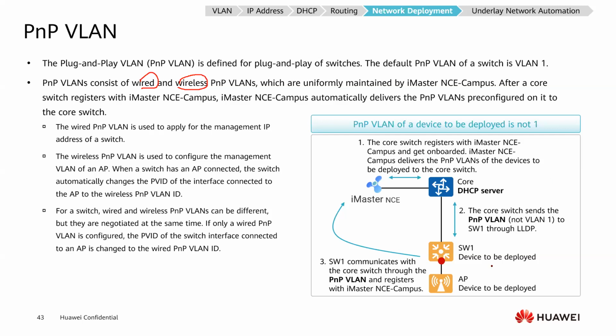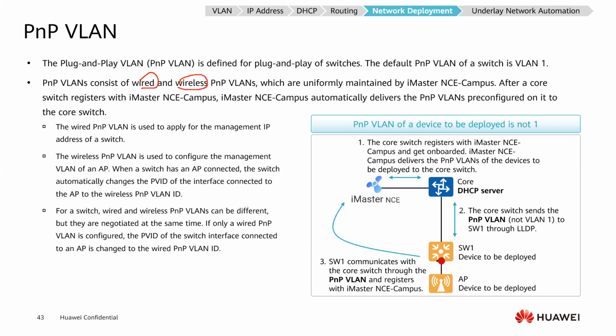So the switches use LLDP to negotiate with the DHCP server to get the PNP VLAN, and then SW1 uses the PNP VLAN to register with the controller to get online.